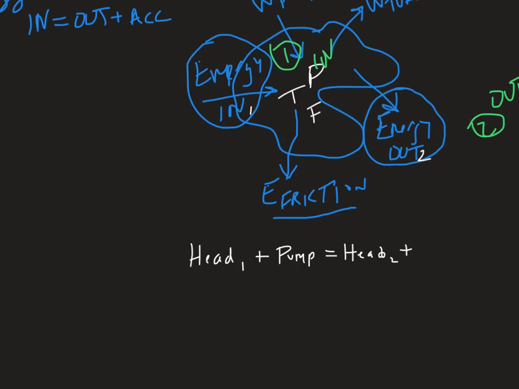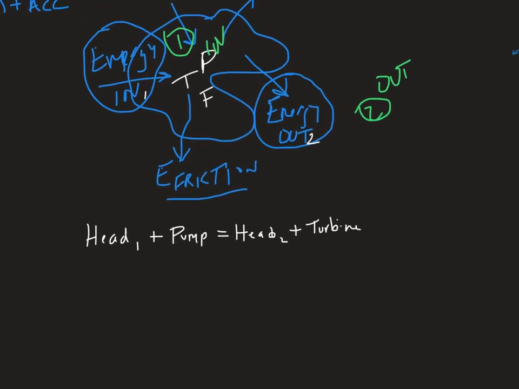Now, what's leaving our system? Well, head at location 2, or really the head out. And then we're going to lose some energy due to the turbine. Notice that for the pump and the turbine, these are going to have to be in the same units as the head. So instead of thinking about them in terms of joules, we're going to think about them in terms of feet or meters. That's just the way we do this, and it actually makes things pretty easy.